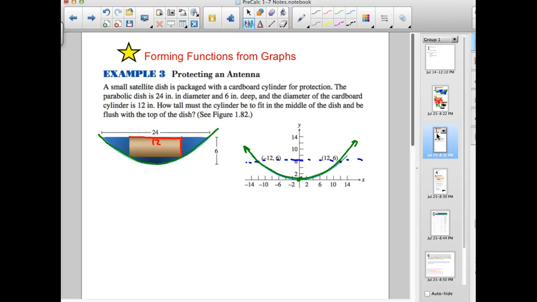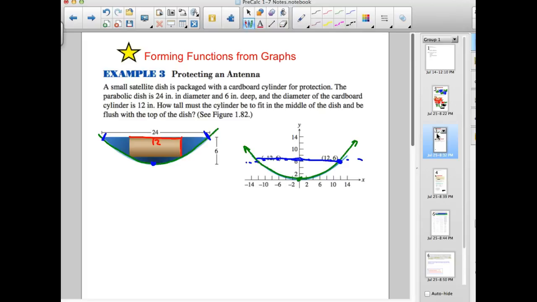Now, think about it. If we put the vertex at the origin, and it's 24 from here to here, then it's going to be 12 on this side and 12 on that side. Does that make sense? We're just splitting it down the middle. So this point is given with coordinates 12, 6.